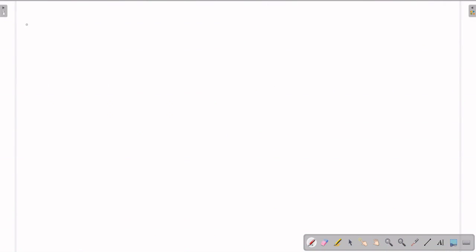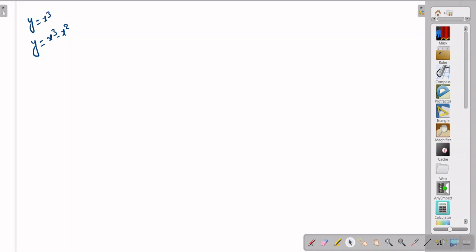Let's have a look at another polynomial. Say y is equal to x cube, and second is y is equal to x cube minus x square. This time I will use my graph plotter for plotting both the curves.